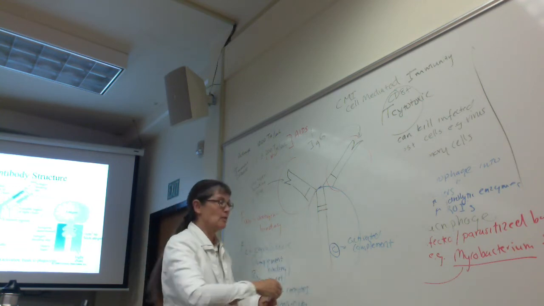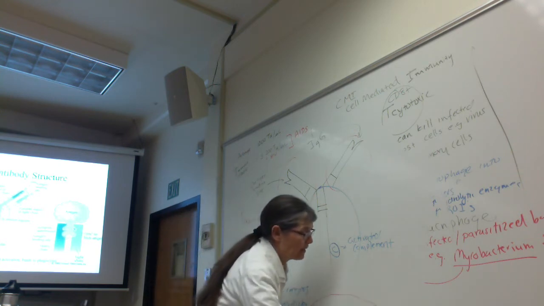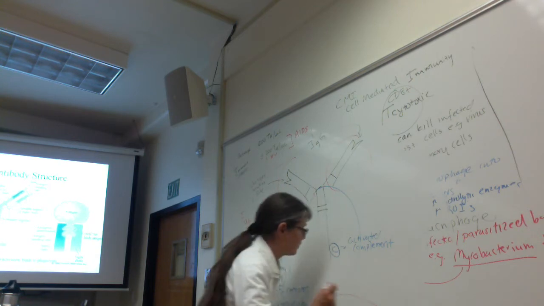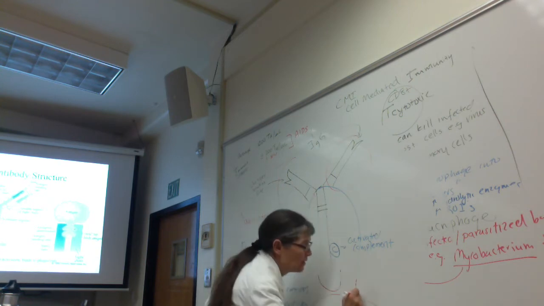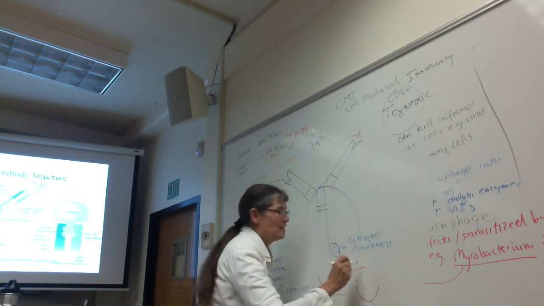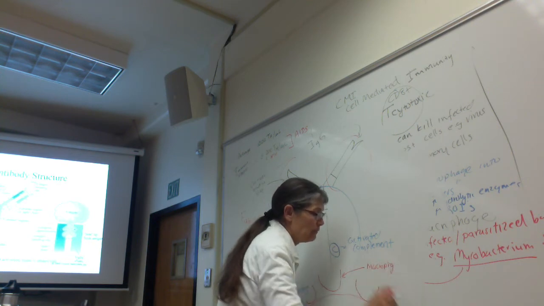And this is awesome, because our macrophages, let's say this is our macrophage, have what are called FC receptors on their surface. So these big red things are the macrophage FC receptors.